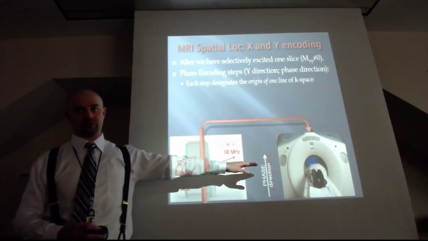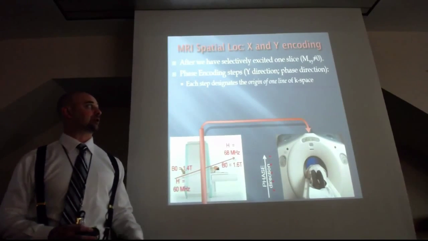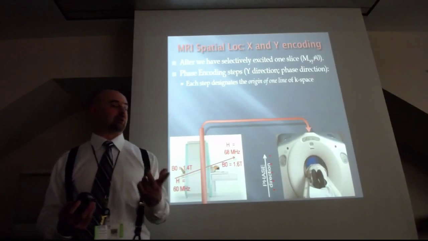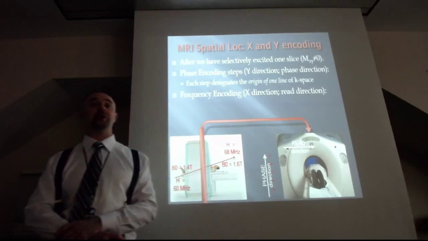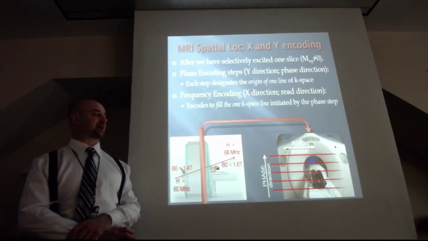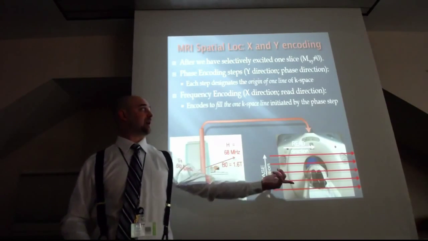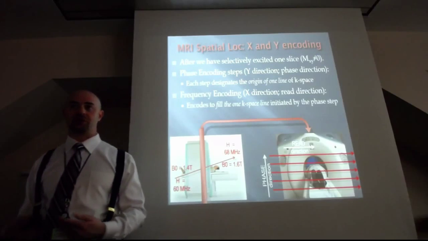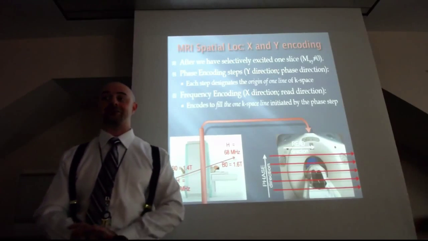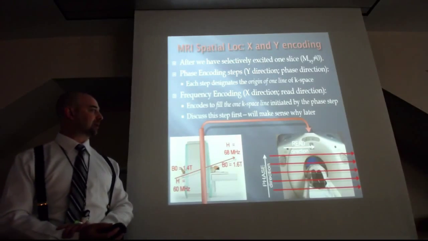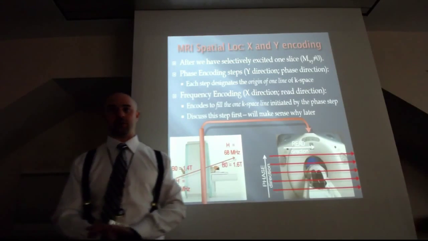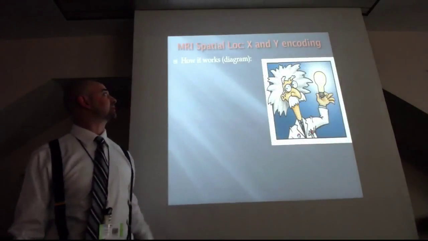Each single step in the phase encoding direction is going to represent the origin of one line of K-space. And then the X direction is going to be the read direction, or the frequency encoding direction. And this encodes the lines of K-space, each of which, of course, being initiated by a different and unique phase encoding step.